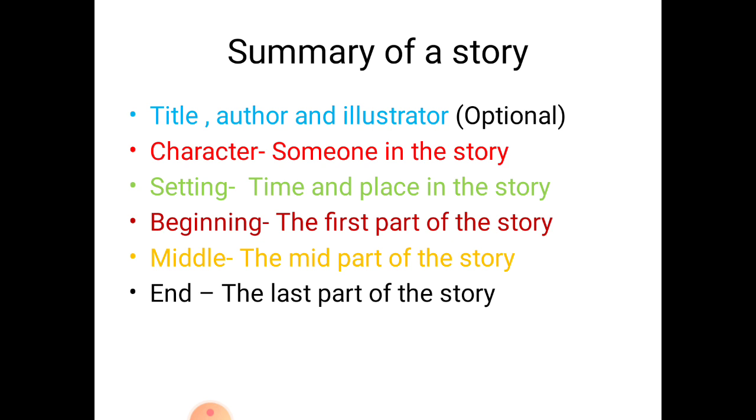Moving to the next point, about the beginning, which means the first part of the story. The author Chopin Bhatia introduced or began the story by telling about the main character Goldie Fish.